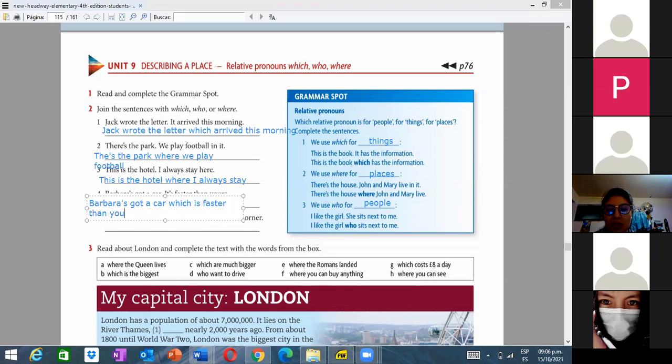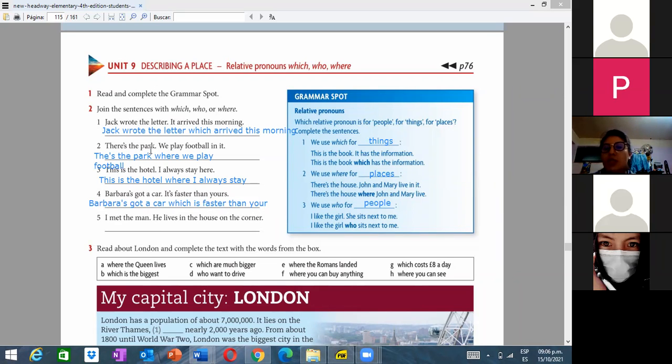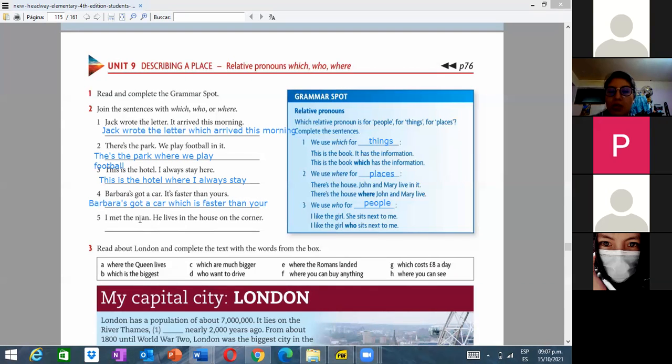El cual es más veloz que el tuyo, ¿cierto? Estamos uniendo la oración. Pero es importante, chicos, que en la primera oración ustedes identifiquen de qué se está hablando, del lugar, de la persona o de un objeto, ¿ok? Es importante para que puedan unir. Siempre tiene que tener sentido en todo lo que se está mencionando.